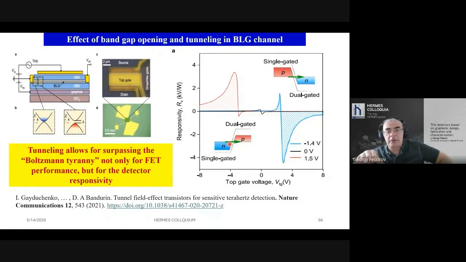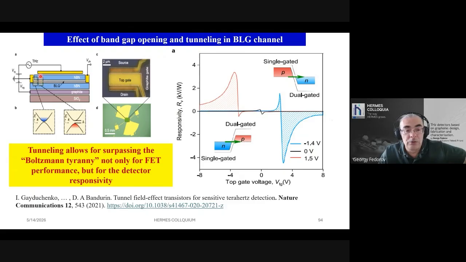Why is this so much better? You use the same tunneling concept that allows you to win over Boltzmann theory for transistors, to significantly enhance the sensitivity of the detector. This chart shows the responsivity of this structure.